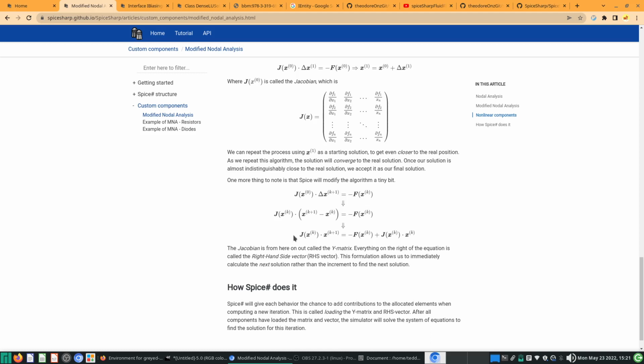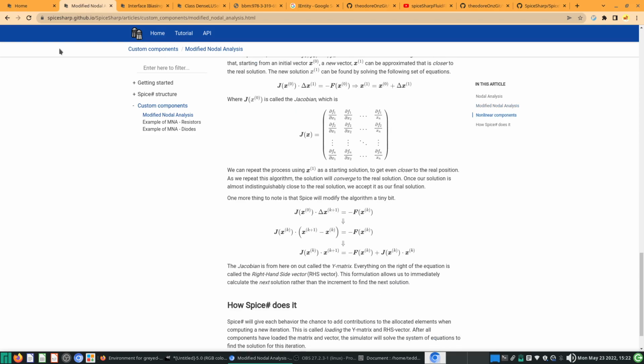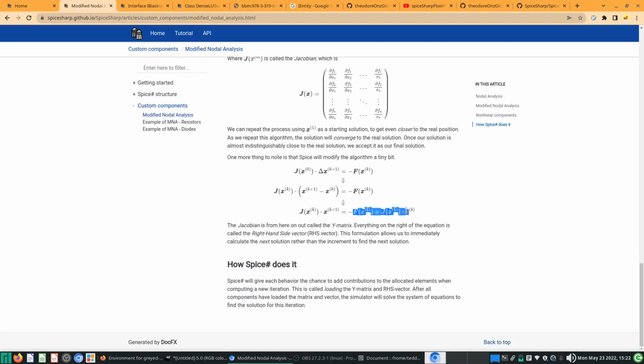Again, we just multiply the inverse Jacobian to this side and of course to this side as well. The Jacobian right here is called the Y matrix. Whenever we see Y matrix within the context of SpiceSharp, it refers to the Jacobian, whereas everything to the right of the equation is called the right hand side vector.